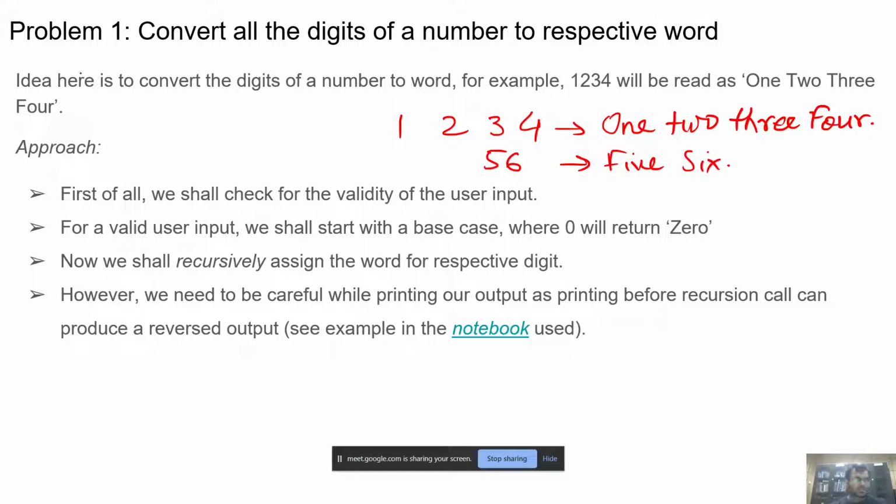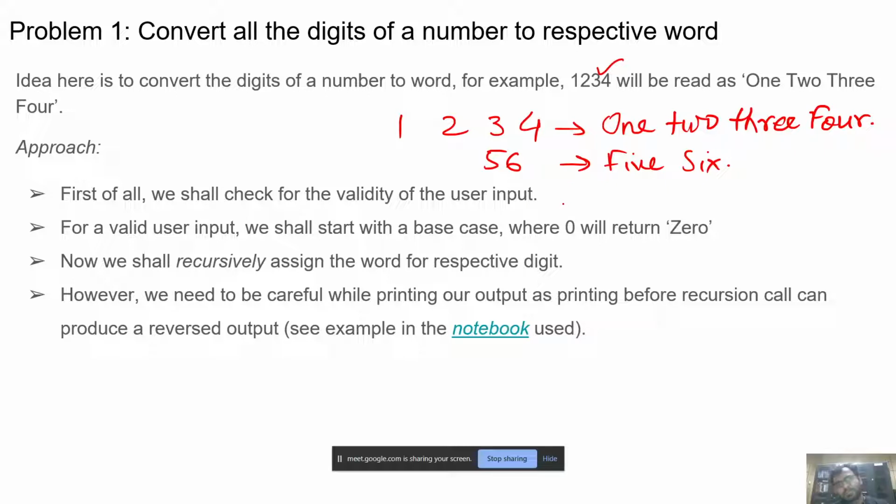So how can we approach this problem? As always, we'll check for the validity of the user input. For this type of problem, we would require a positive integer. If the user input is not a positive integer, we have to reject that input.